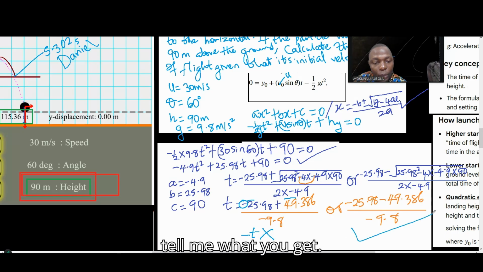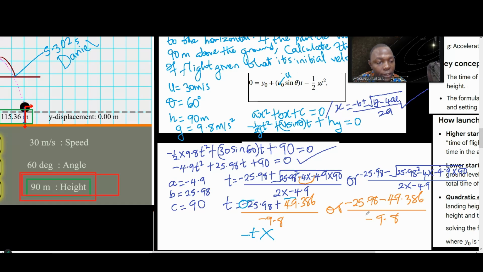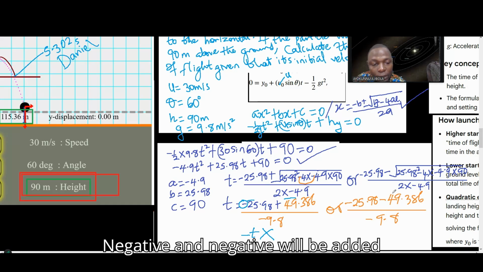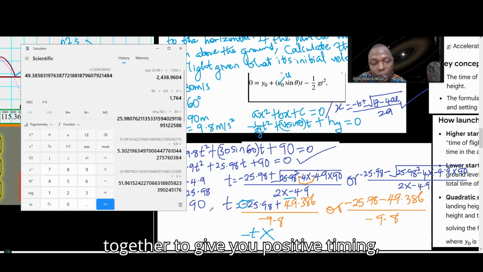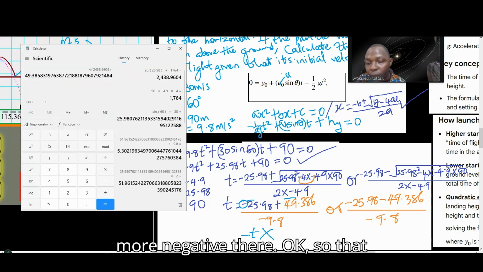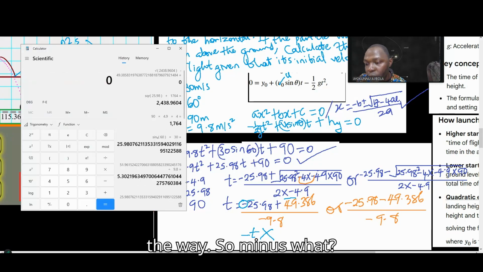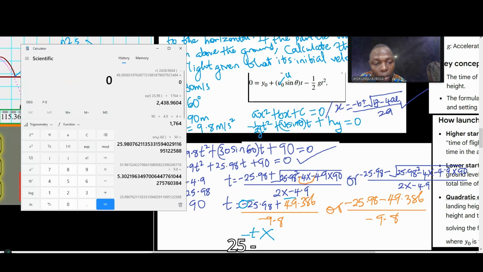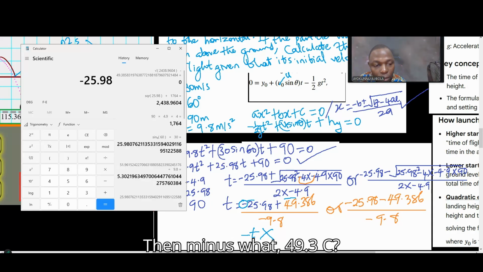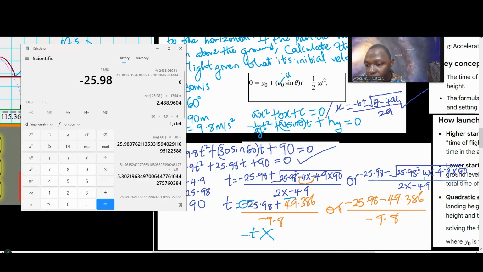Now let somebody do this and tell me what you get. Negative and negative will be added together to give you a more negative number there, okay? So that is minus, let me start all the way. Minus 25.98, minus 49.386.